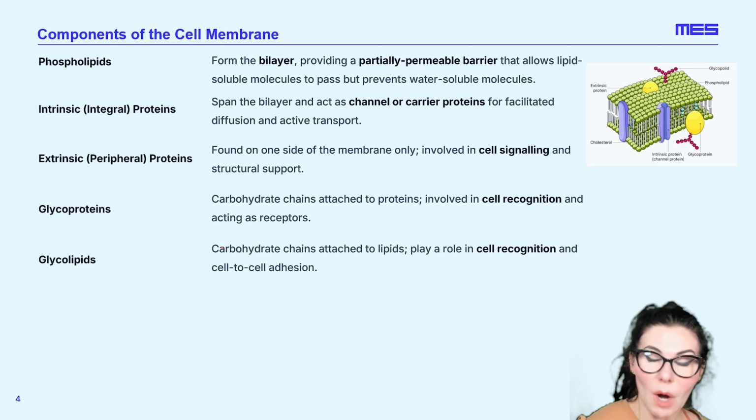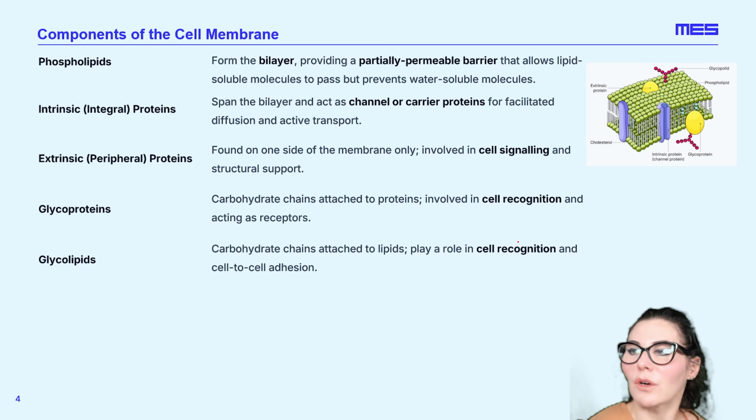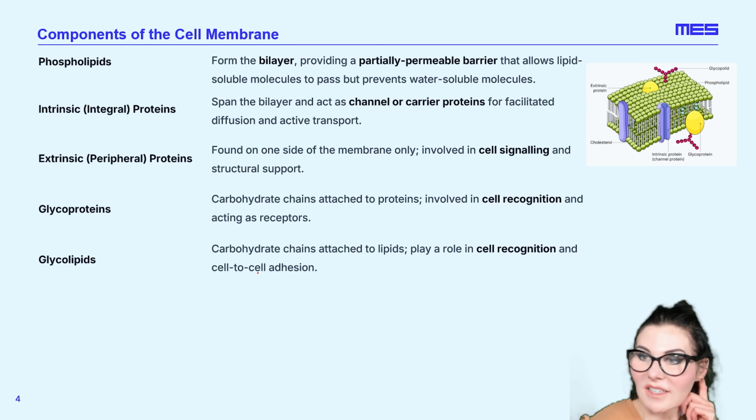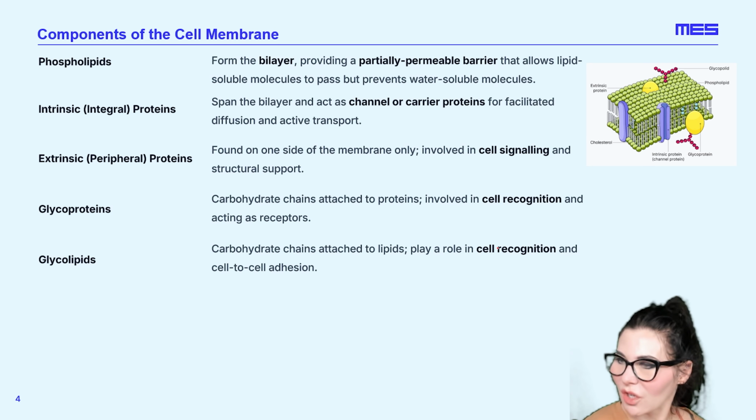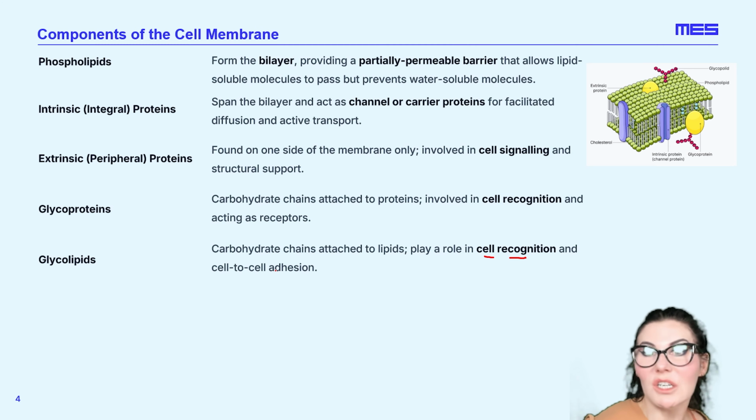These are the carbohydrate chains attached to the lipids, and they are also usually involved in cell recognition and cell-to-cell adhesion. Just to go back on cell recognition, it means that the cells are recognized by other cells in the body as self. And cell-to-cell adhesion means when cells stick together. So it could be in the formation of tissues as an example.